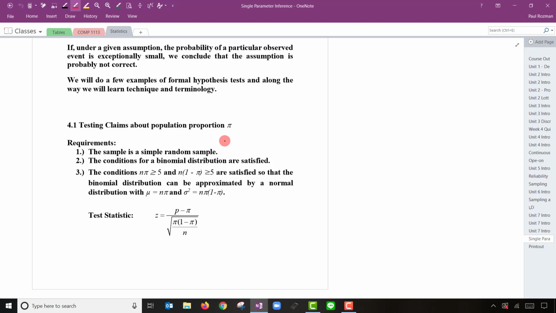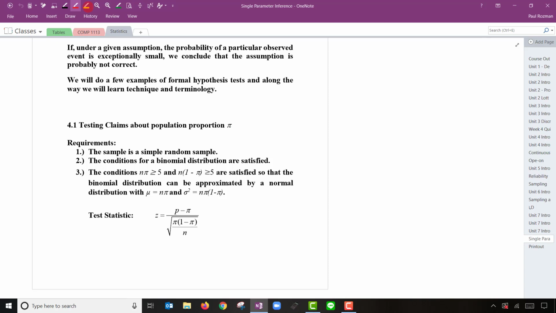You have to make sure that you're meeting the requirements of the models in order to be able to perform the tests. So when we're talking about proportions, we have to make sure our sample sizes are large enough. And if they're large enough, we know that our binomial distribution essentially becomes the normal distribution, and then we can use our Z distribution when making probability decisions.